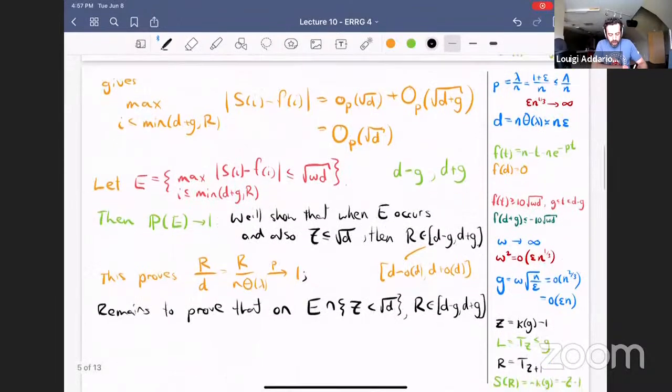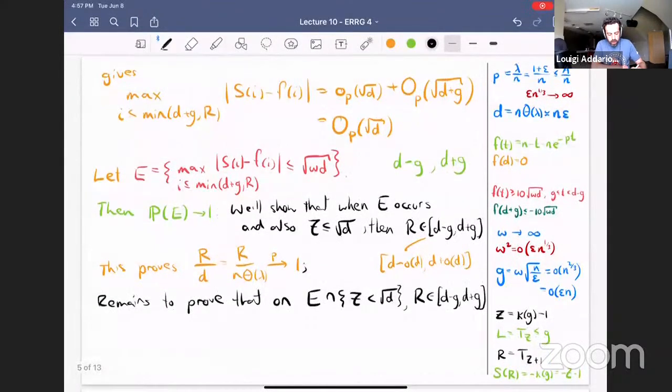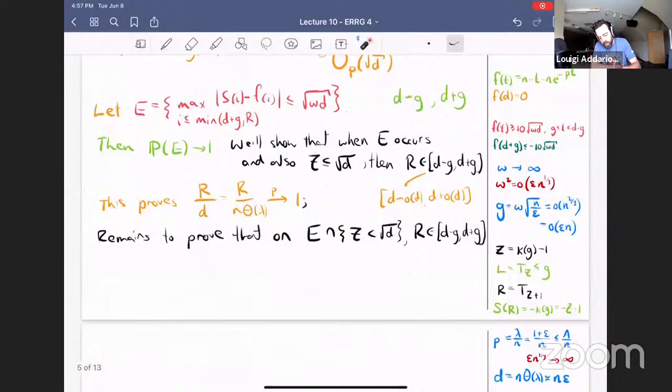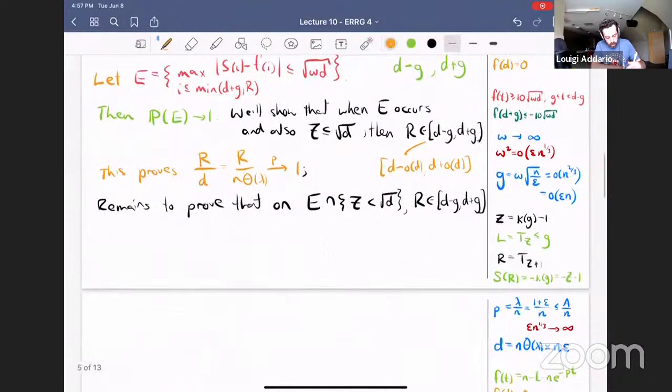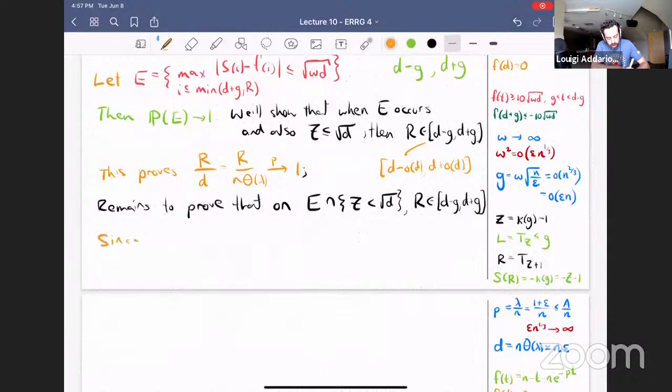Right. So let's prove that when these events occur, we indeed first return to a new local minimum in this interval. Okay, so we know that f of t is at least 10 root omega d. This is, well, to be proved, right? But I sort of postponed the analysis of f till the end.